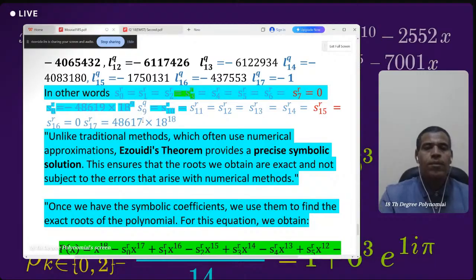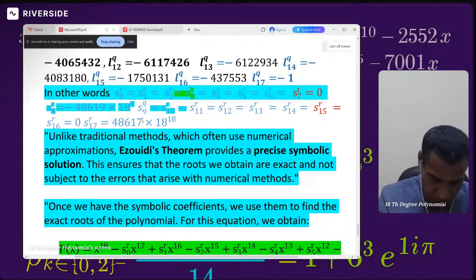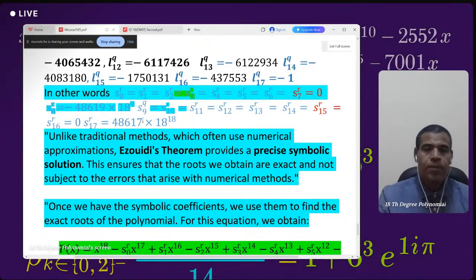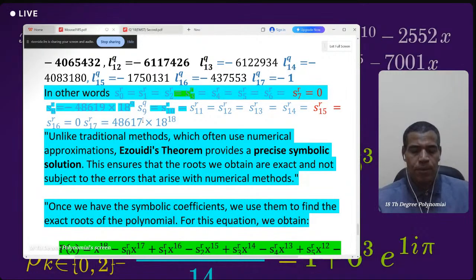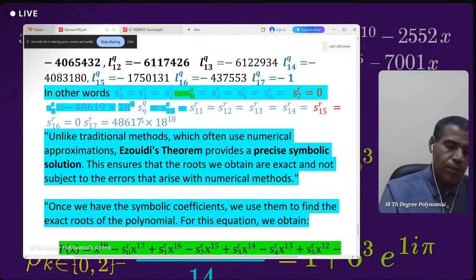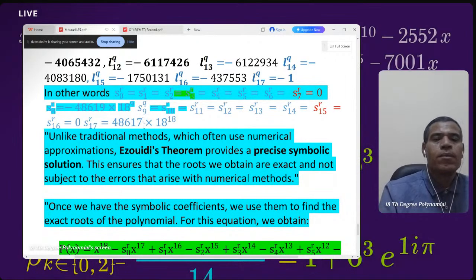And even those, while they represent numerically large values, the paper shows they simplify to surprisingly clean symbolic forms, elegantly tied to powers of 18. Yes, the calculations yield 48619 and 48617 times 18. Still exact symbolic values. This isn't just a simplification, it feels like a revelation of some kind of underlying structure that was completely hidden before.